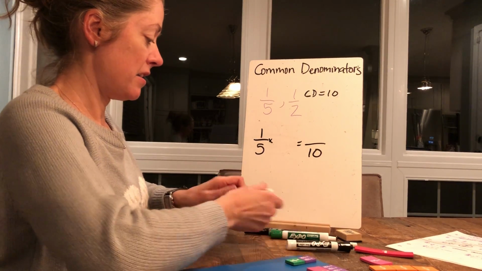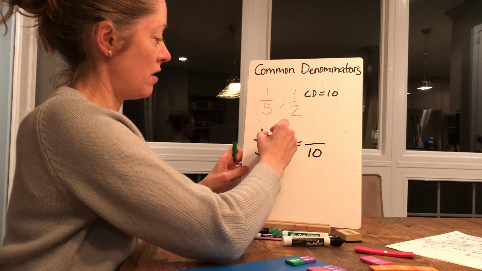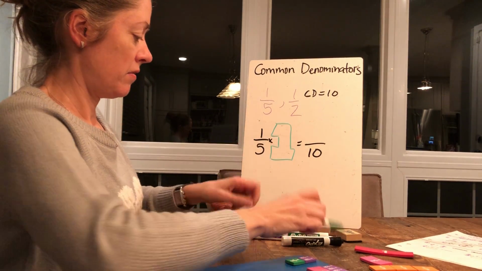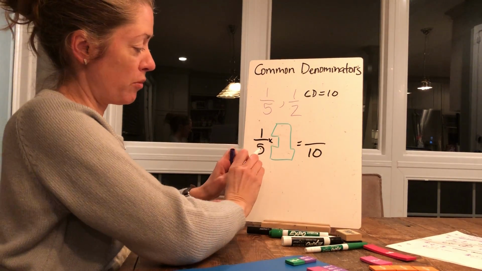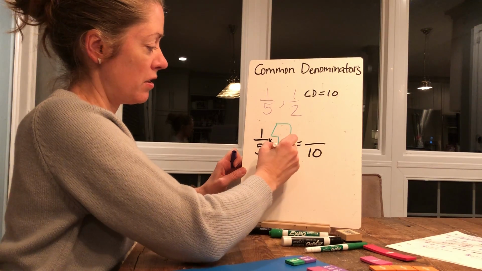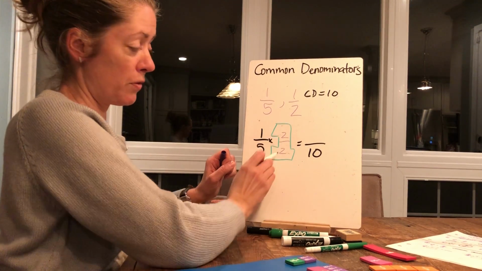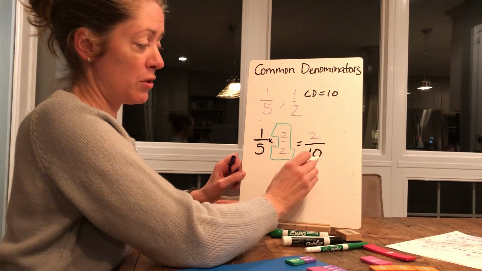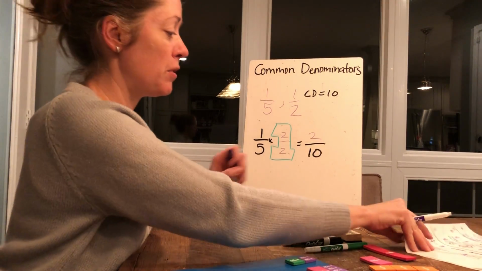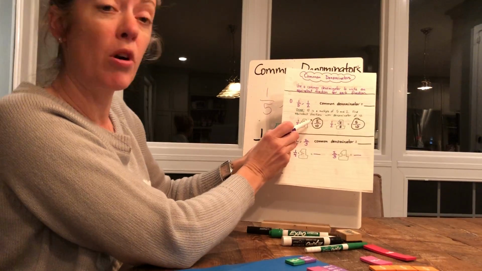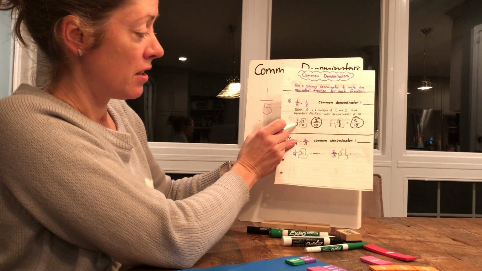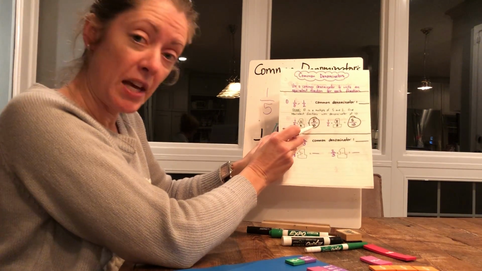So if we had our magic 1, how do we go from here to here? 2/2. 1 times 2 is 2, 5 times 2 is 10. And if you look, it's also on here already for you. So an equivalent fraction of 1/5 is 2/10.